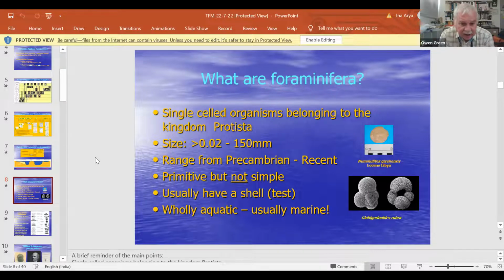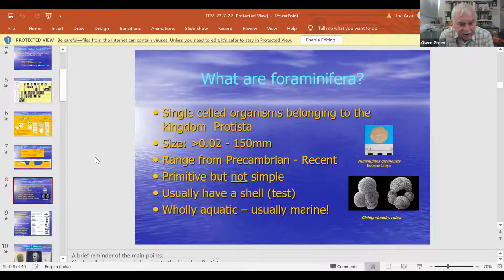In age, they range from the Precambrian right up to the recent. I've put a little note in here that they might appear to be primitive, but they are certainly not simple. They're a very adaptable group of organisms.